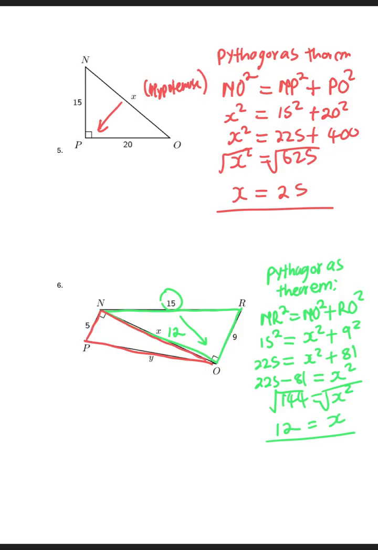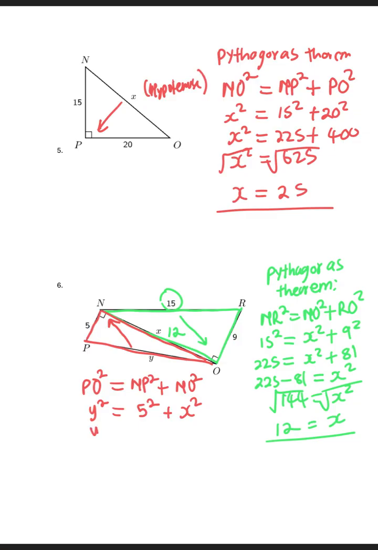So the side facing the 90 degrees in this triangle is this side. So that means we start with it. So we say PO squared is equals to NP squared plus NO squared. PO squared is going to be y squared. NP squared is going to be 5 squared. And NO squared is going to be x squared. But the value of x we got is 12, right?